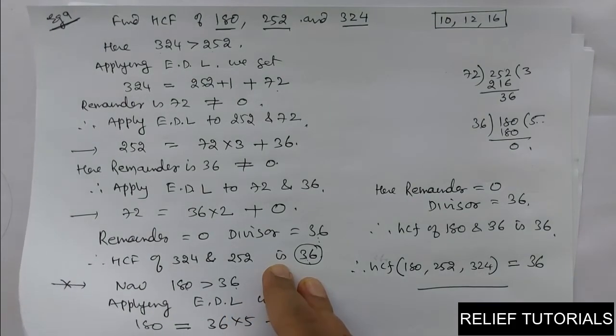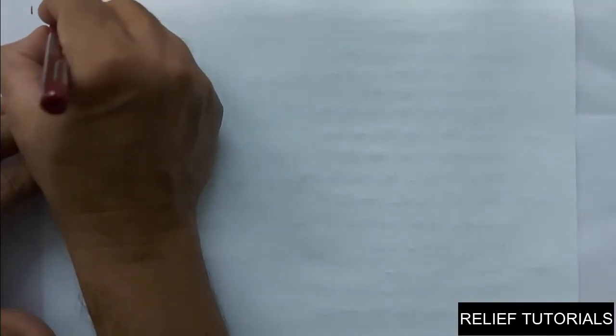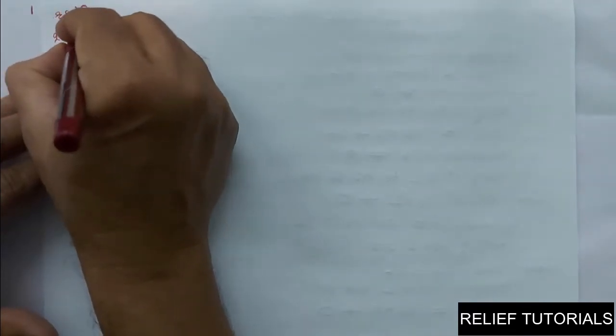Clear? So even if you want to do one extra problem, we will do one more extra problem so that the concept of HCF will be totally clear for you. So we are doing example 10. This was asked in year 2011 and 12.